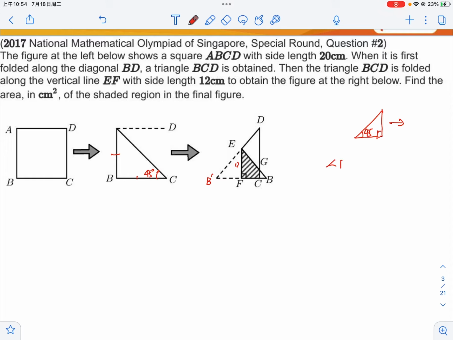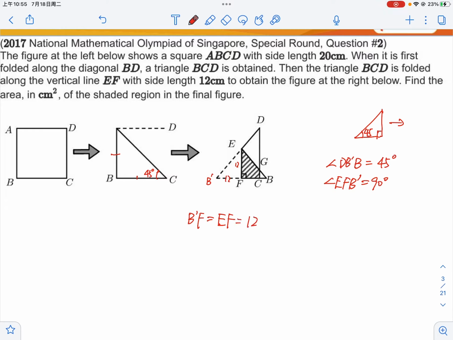The angle DB prime B should be 45 degrees. Also the angle EFB prime is 90 degrees, so triangle EB prime F is also an isosceles right angle triangle. So B prime F equals EF, which equals 12.